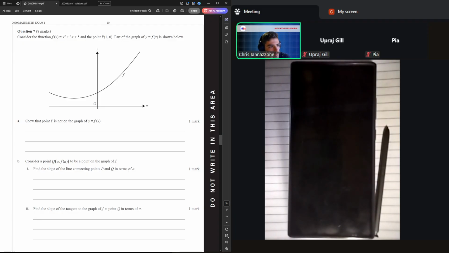Slope between points can only really mean one, maybe two things.